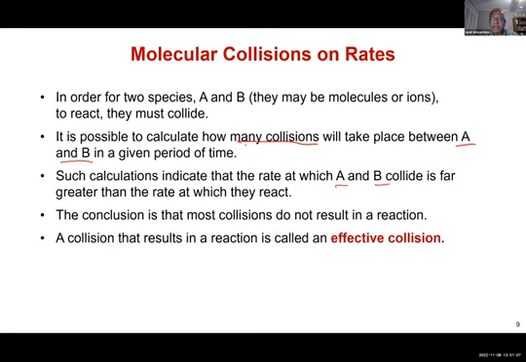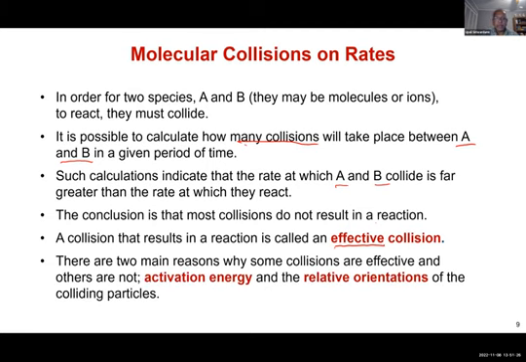A collision that results in a reaction is called an effective collision. That's pretty straightforward. Only a fraction of collisions lead to products. Now, what decides the effective collision? The collision should have activation energy.